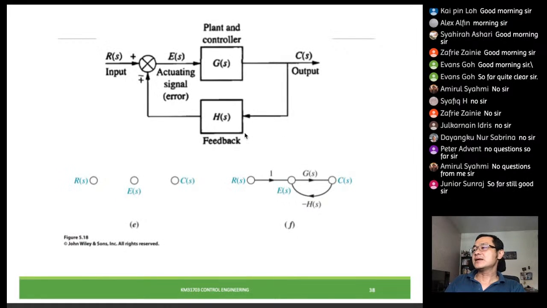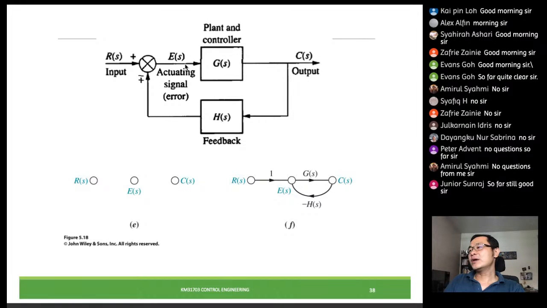Same thing with a feedback control system: input, output, error, right? Since this is going back to the error, we don't draw any additional signals. This is the same going from this point to this point. So we write R going to E through the summing junction, and that equals 1 because it's plus.